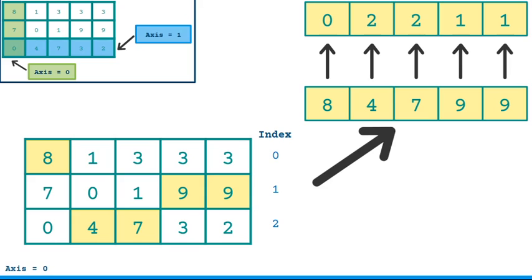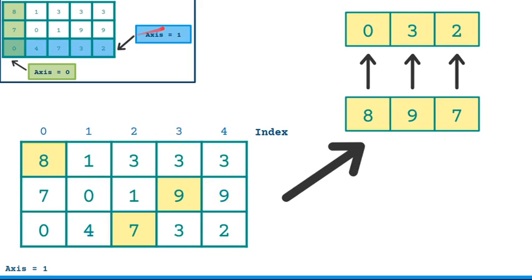And then if the axis is equal to 1, that would mean a row. The largest of this first row is 8, and the largest of the second row is 9. Even though there is another copy of 9, it will choose the first one that it sees, so it will be this first one. And the largest of the last row is 7.